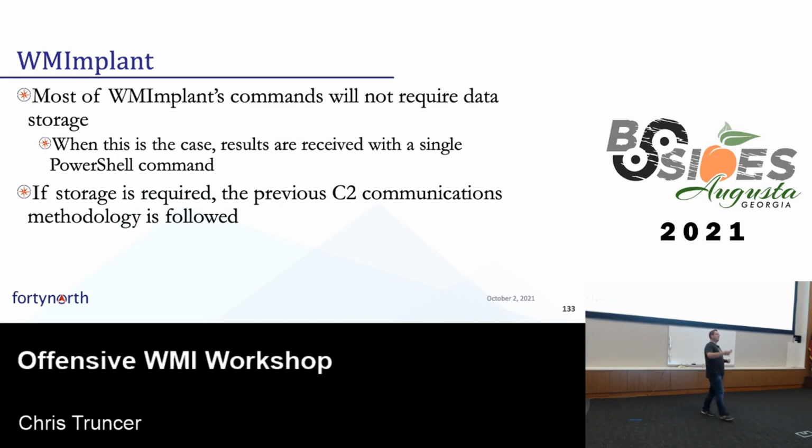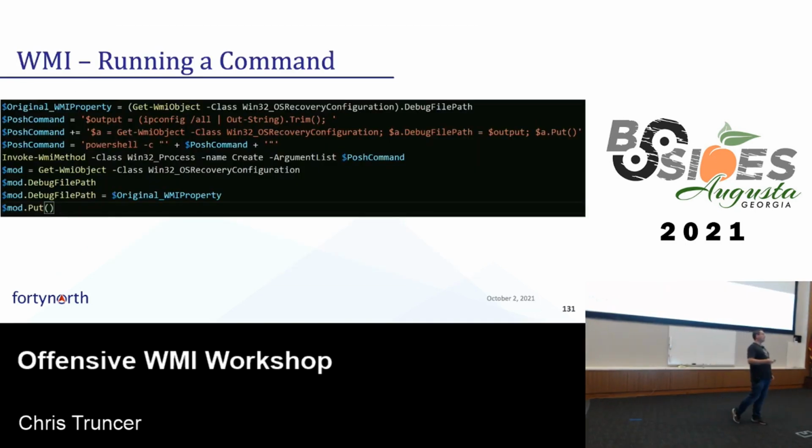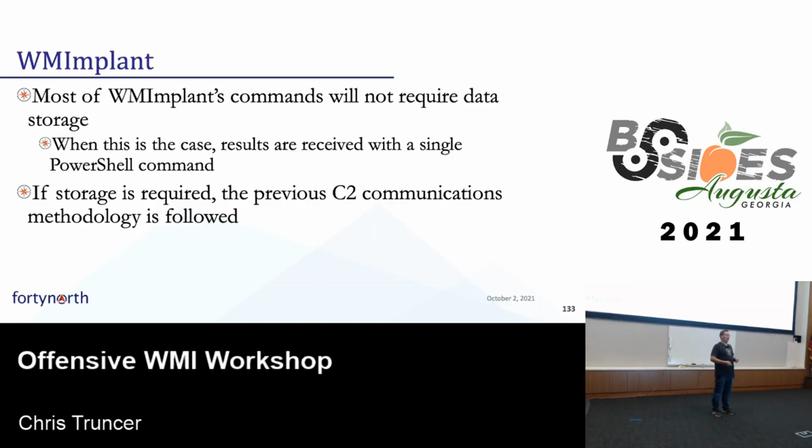So everything that we just did, all of these commands, everything you did today so far, getting directory listings, process listings, starting processes, killing processes, I wanted to teach it with what's actually happening. This is how you would actually do it. Those are the foundational commands that you would use if you tried to do this manually. I created this tool that I mentioned, WMImplant, that does everything for you in the background.